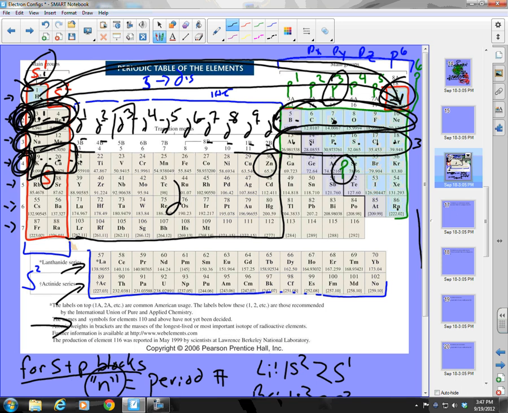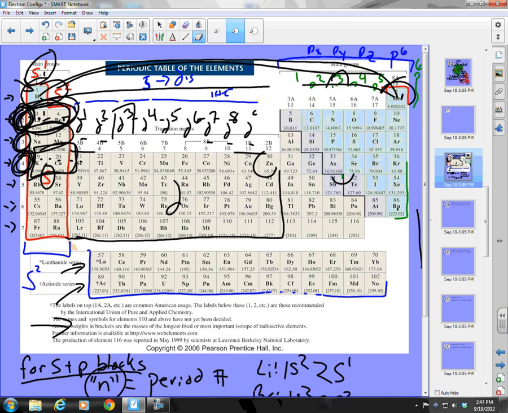Zinc is a D10, right? Let's go back and put my P block back into place. Oops, not helium. Helium is part of the S block. There we go.